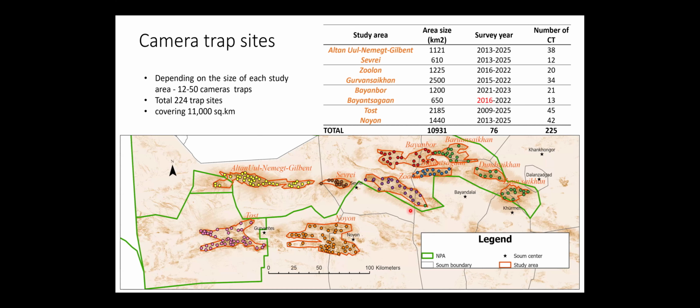The study areas belong to the Gobi National Park and Postosumombo Nature Reserve, while Noyon Mountain remains a non-protected area. There are 230 trap sites covering approximately 11,000 square kilometers per year.